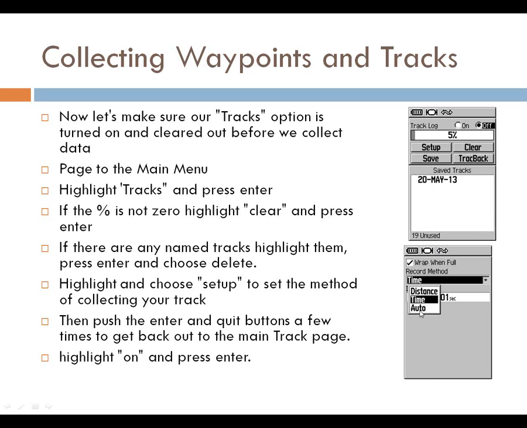You can also choose auto, which allows the unit itself to decide whether it's going to collect with distance or time, depending on how fast you're moving, whether you're standing still. And then you usually have some options about the intervals or the speed with which you're collecting data, and that will vary depending on how fast you're moving, whether you're riding a bike or walking, how much detail you feel you need in your data.